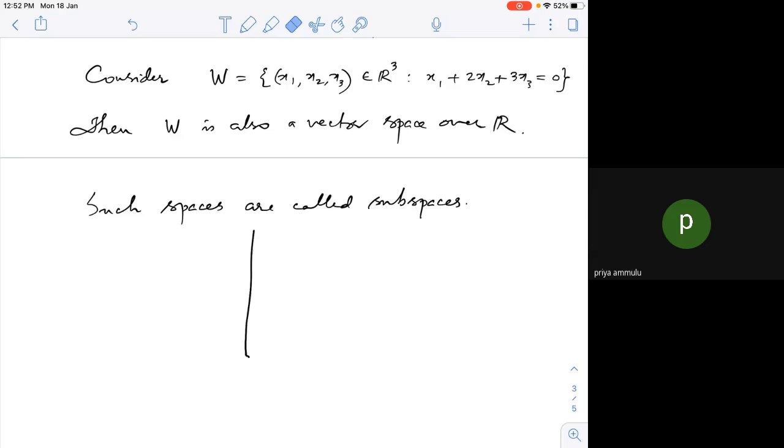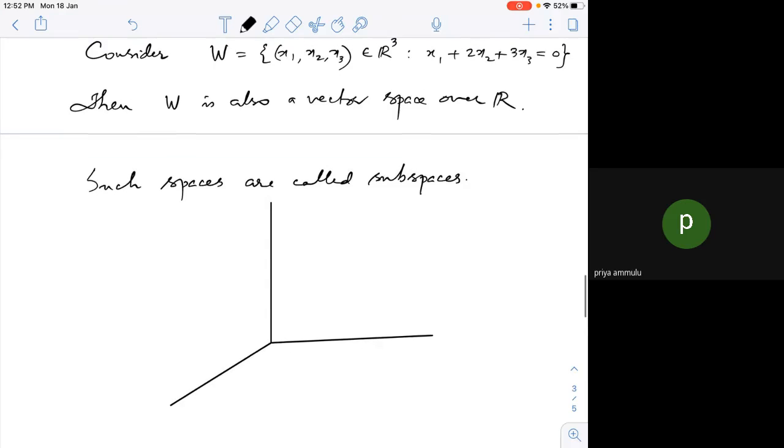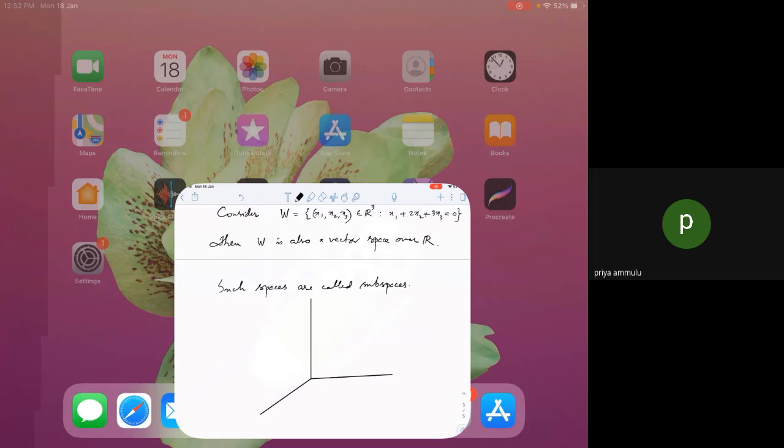Look at this particular x1 plus 2x2 plus 3x3 equal to 0. Is it a plane passing through the origin? Please tell me. x1 plus 2x2 plus 3x3 equal to 0 is nothing but a plane passing through the origin. Can we draw this? You can just see its visualization like this.